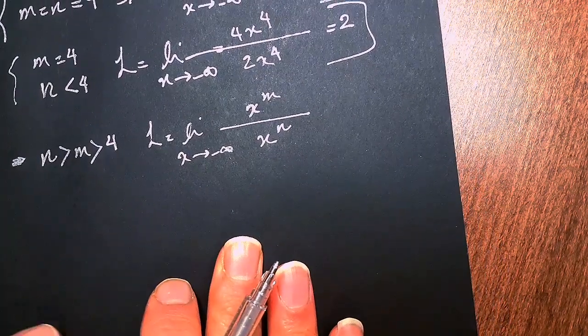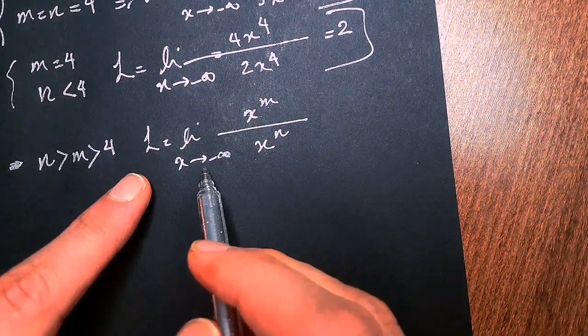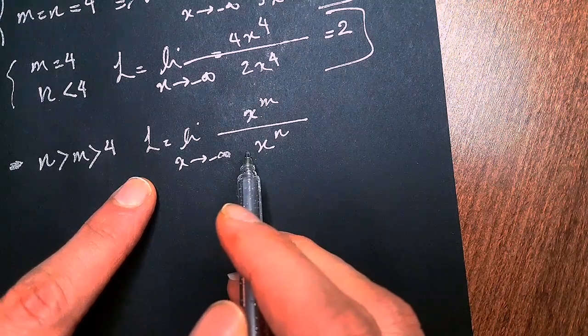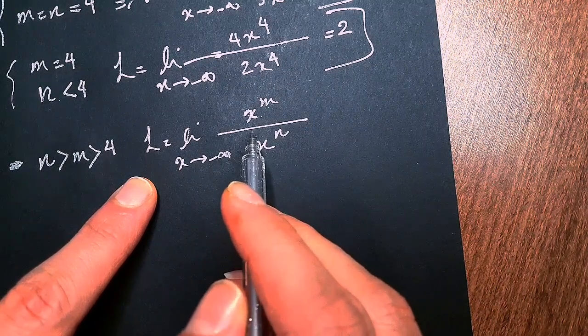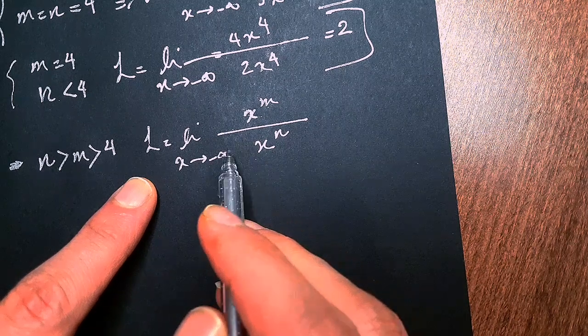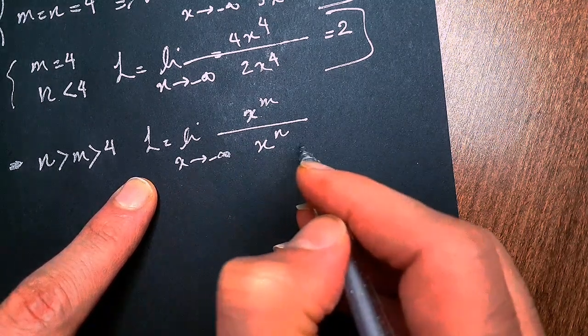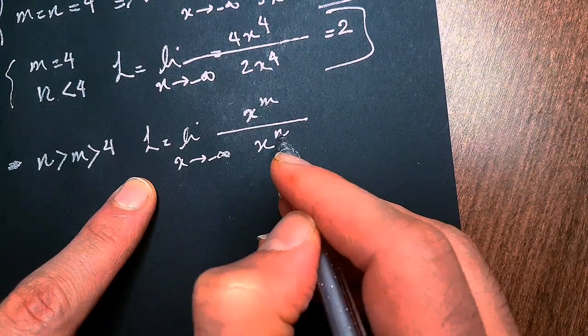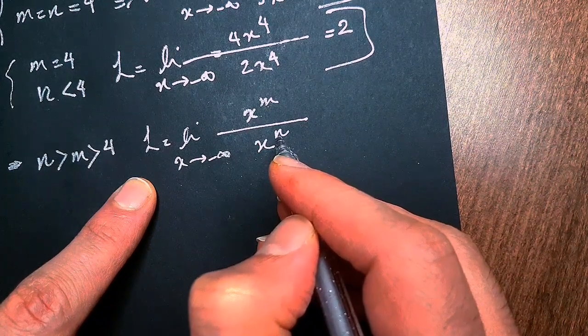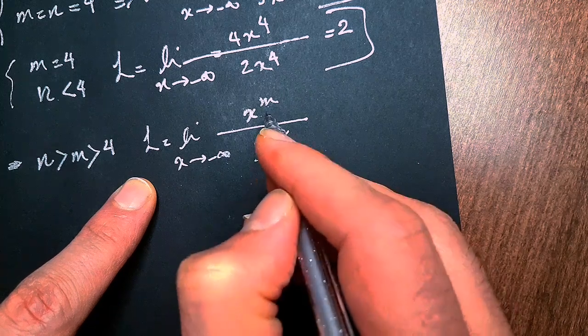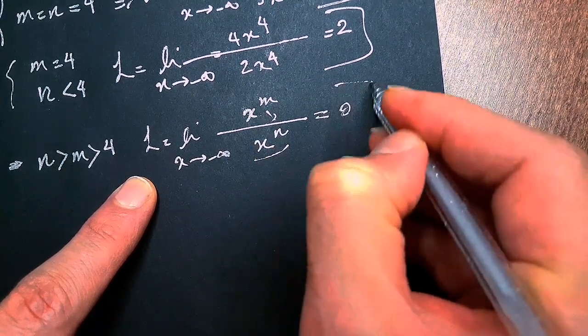Since n is more than m, this grows faster than this, and this becomes 0.